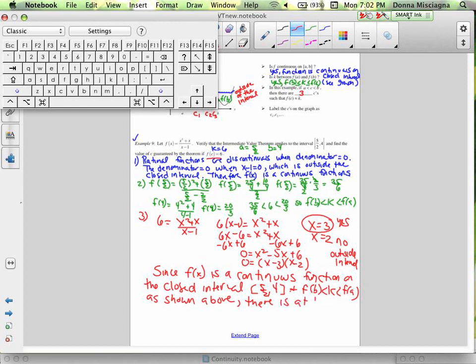There is at least one c, or one x value.